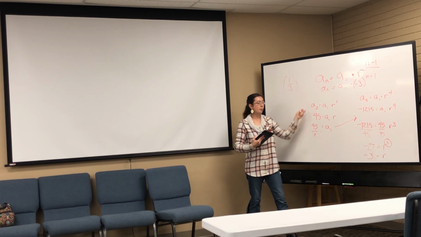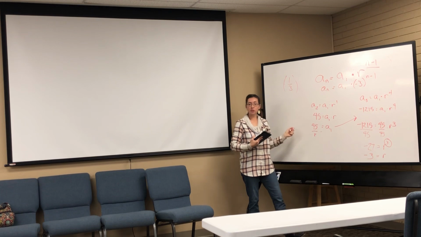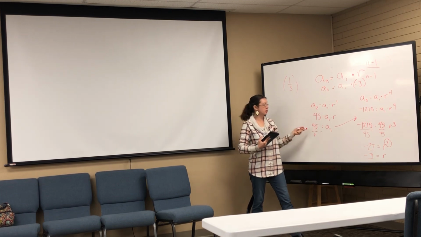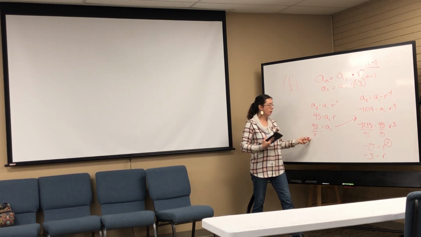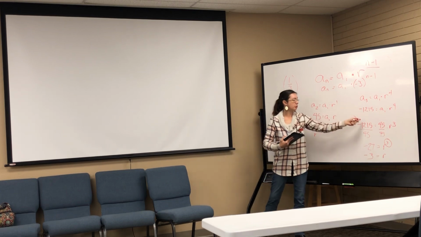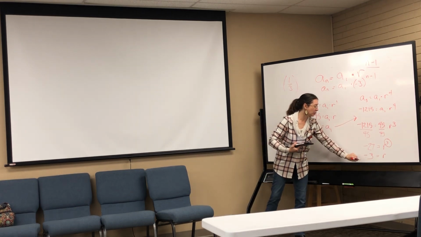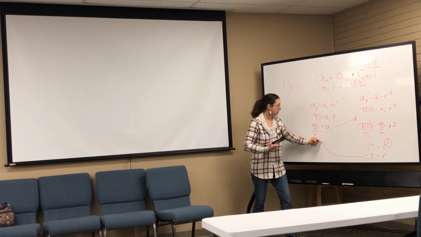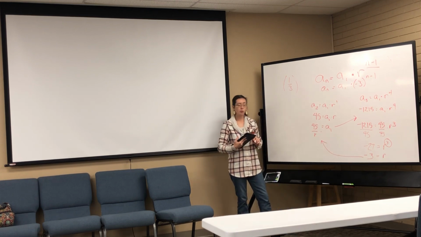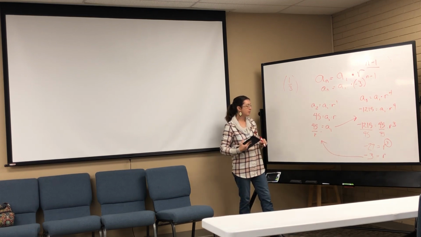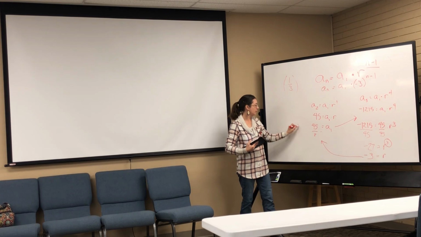Remember our whole draw your arrows and we get a circle around when we have two equations? So we used equation 1 to plug into equation 2. So now we can use equation 2 to plug into equation 1. 45 divided by negative 3.